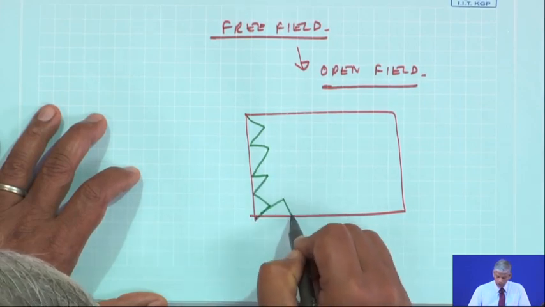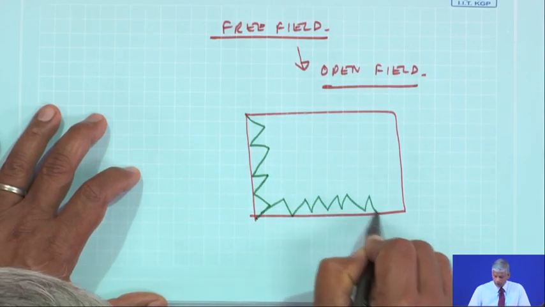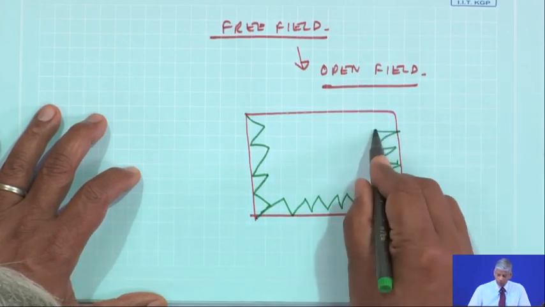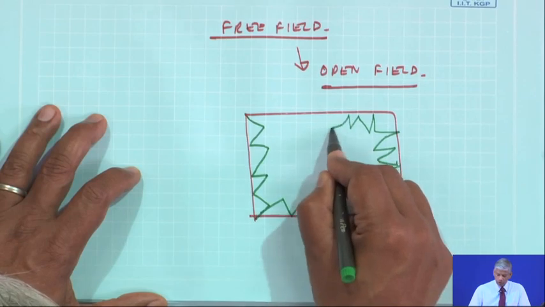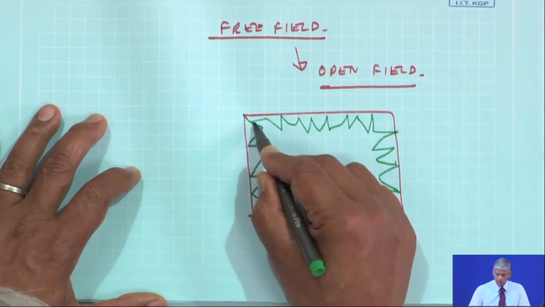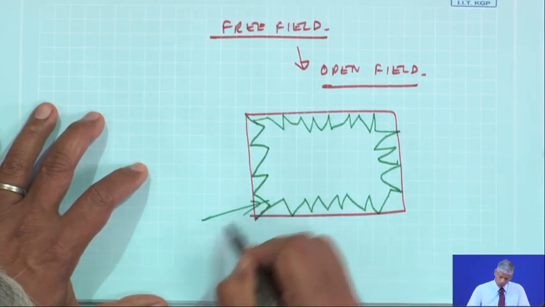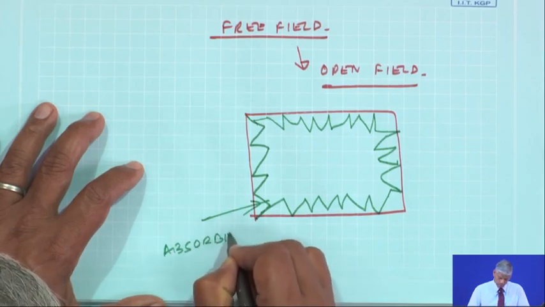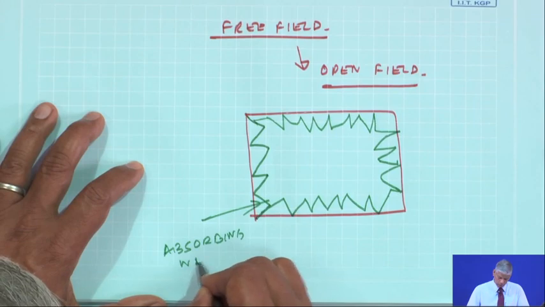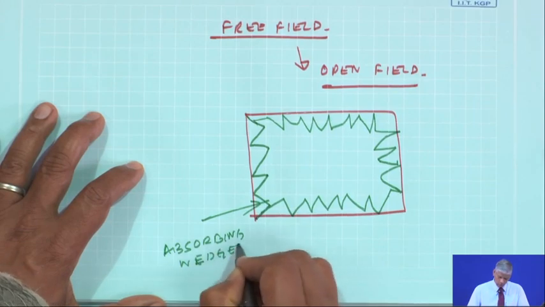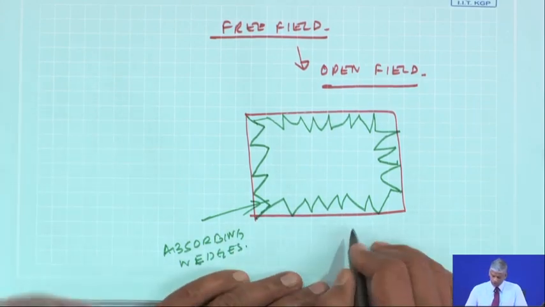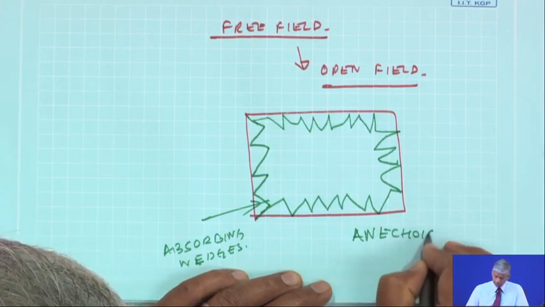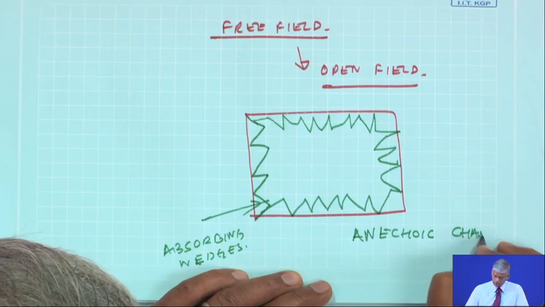Towards the end of the previous class, I was showing you a picture of a car in a hemi-anechoic chamber. These are all absorbing wedges. Such chambers are known as anechoic chambers.